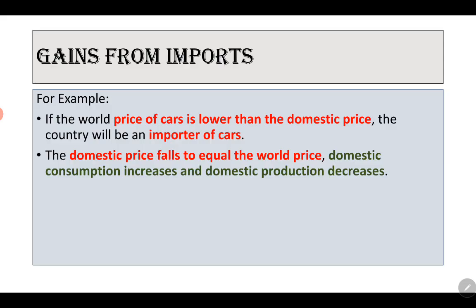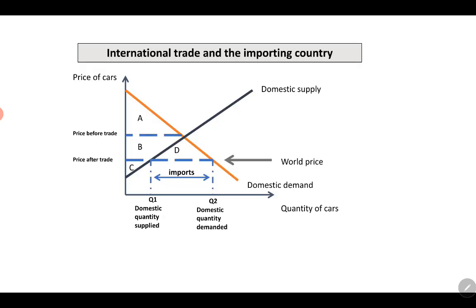Moving on to gain from import. Let's have an example. Let's say the product is cars. If the world price of cars is lower than the domestic price, then we can import cars. The graph that we are going to use is the same supply and demand graph.